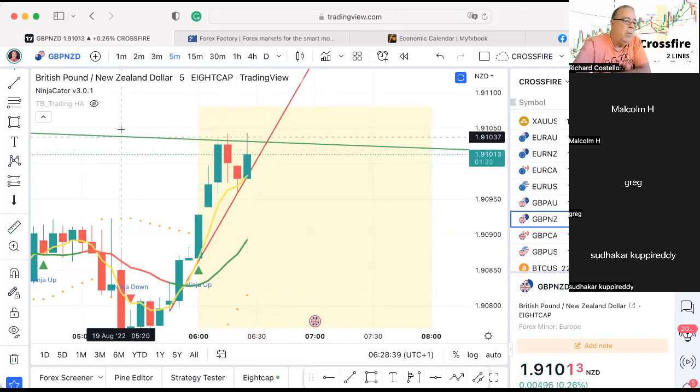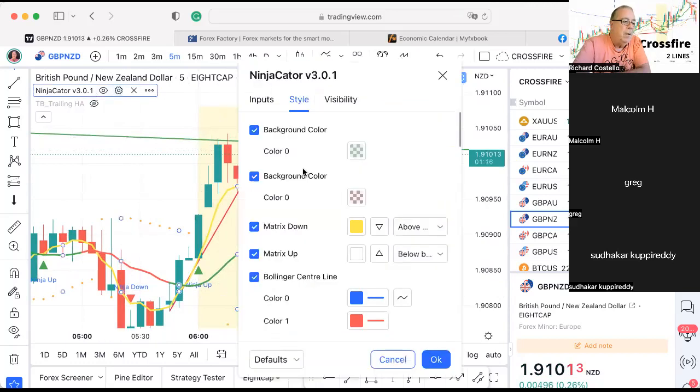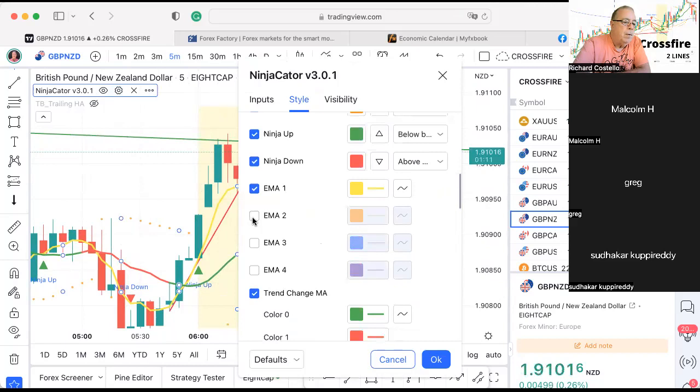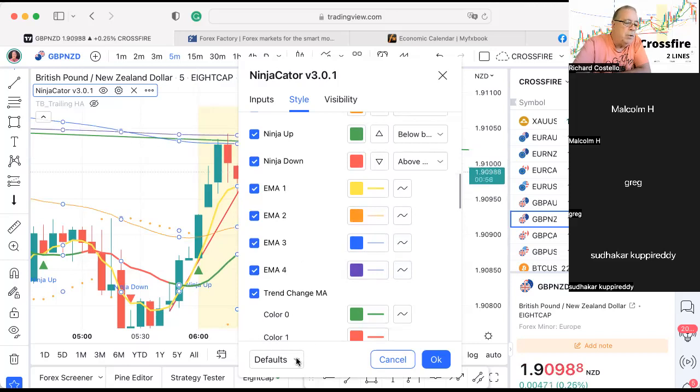I'm going to go back and put my other moving averages back on. The orange line is my 50 moving average, the blue line is my 200 moving average, and the purple line is my 800 moving average.